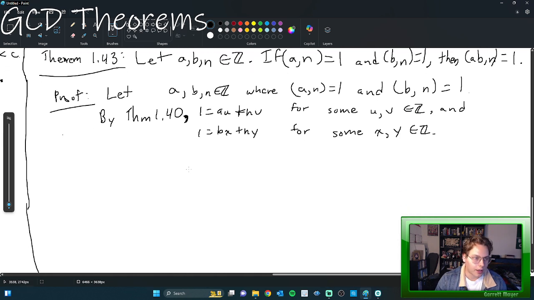And then we're just going to write out this long expression. Well, you'll see. So hence 1 equals 1 times 1. Duh. Well, what does this mean? We can substitute each of these in. So we have (AU plus NV).